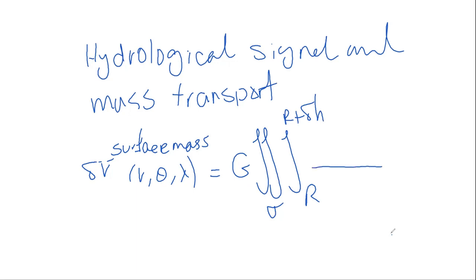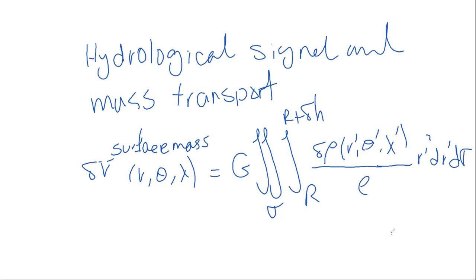And I have the density change. This density change I will write here in three-dimensional form, but later we will see that for the thin surface, we only consider its lateral variation.